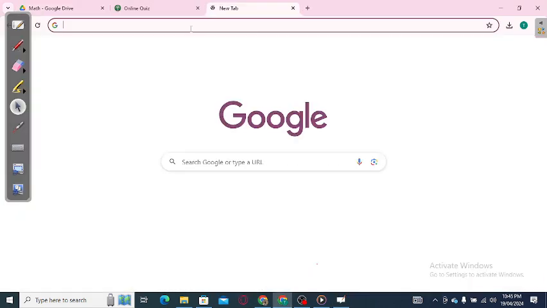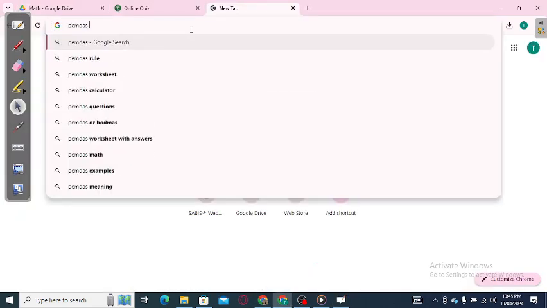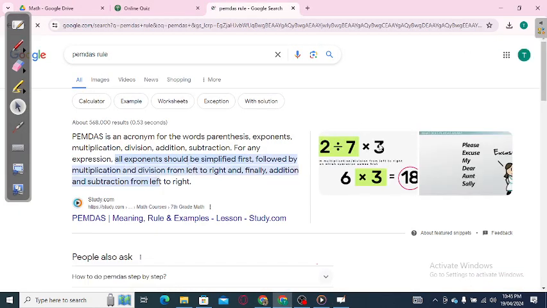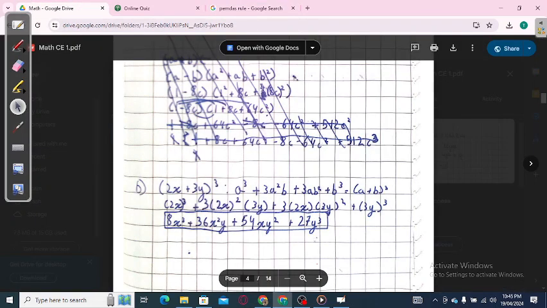I will not write down all of this, so PEMDAS rule. PEMDAS stands for parentheses, exponents, multiplication, division, addition, and subtraction. So here you have the parentheses and the exponent, so you distribute the exponent first. Please do not multiply then distribute later. That's really dumb.